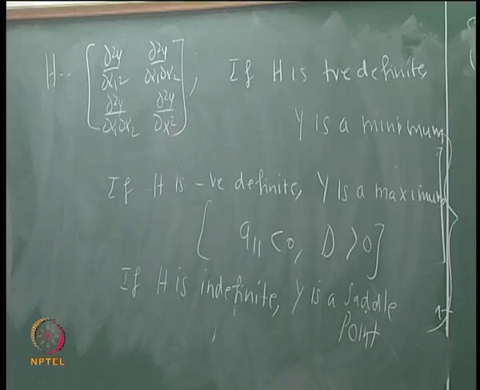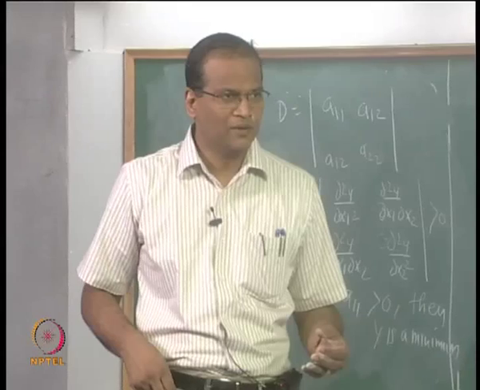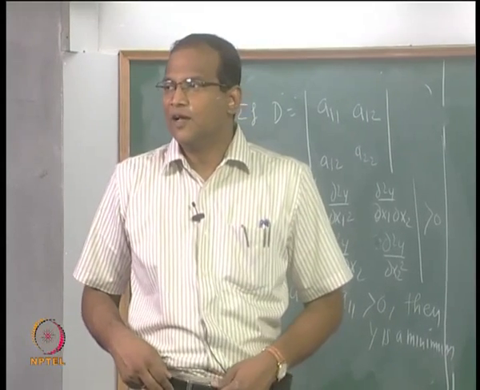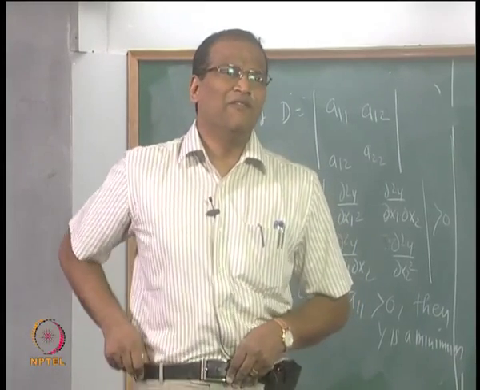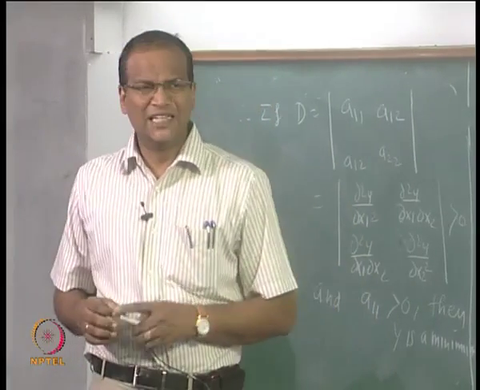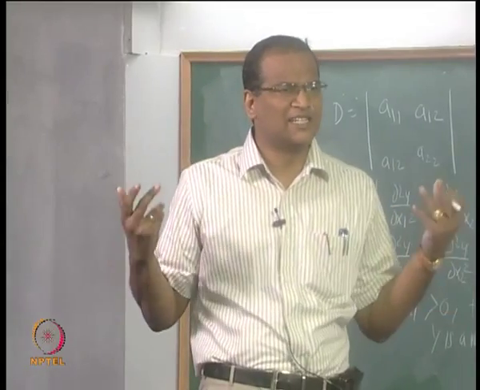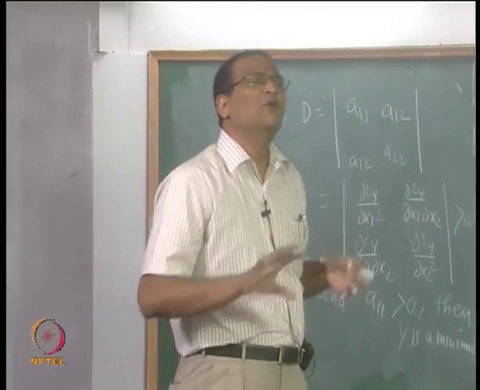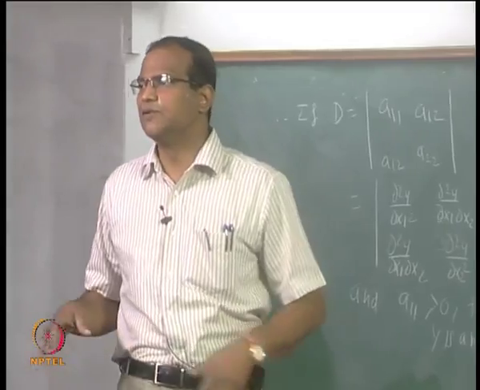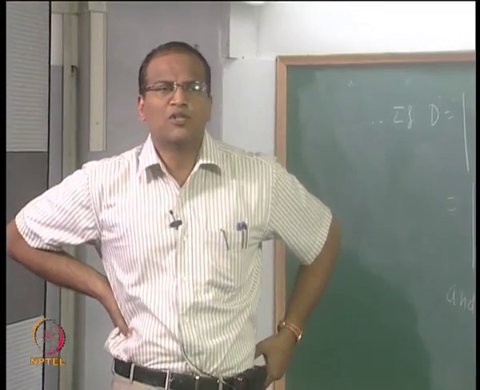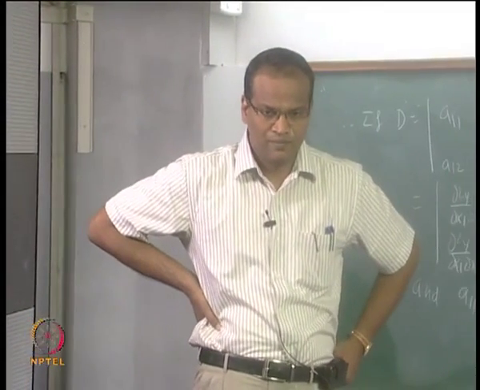Immediately expect a question: what happens if D equals 0? Singular. If D equals 0, then it is a degenerate critical point, and the Hessian test is inconclusive. Very rarely can you set up mathematical equations which lead to D equal to 0, and in most engineering problems this will not happen.